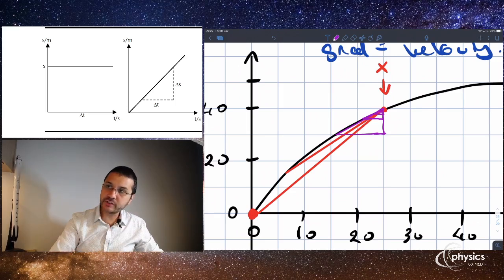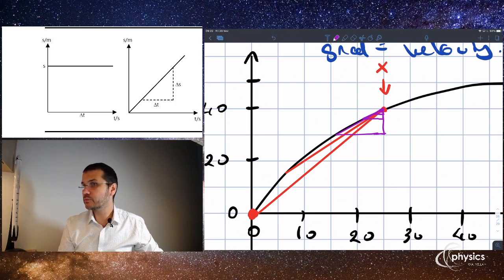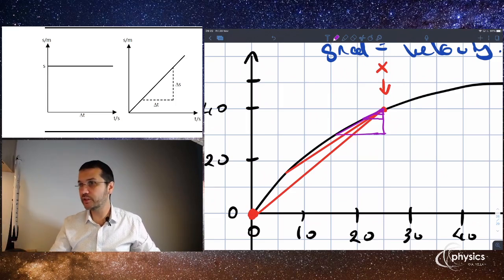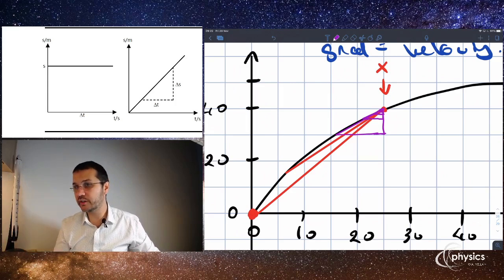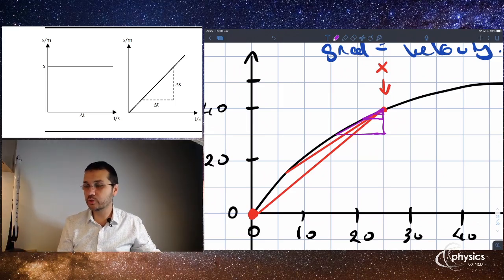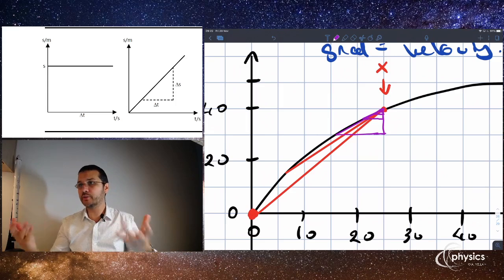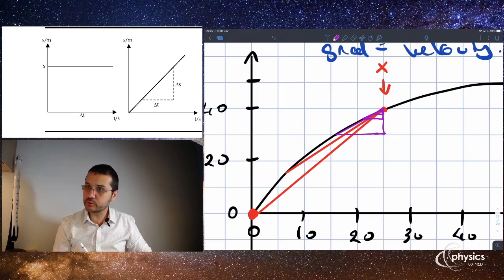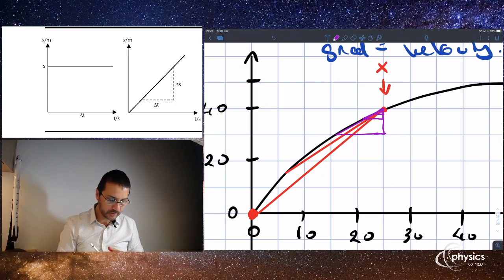But in physics, we're not going to use calculus, alright? For this level, for A level. Those who continue to a bachelor in science, or engineering, or architecture, or whatever, then you will start using calculus, because that is the proper method to find the gradient at a point. You will use it in other topics too.